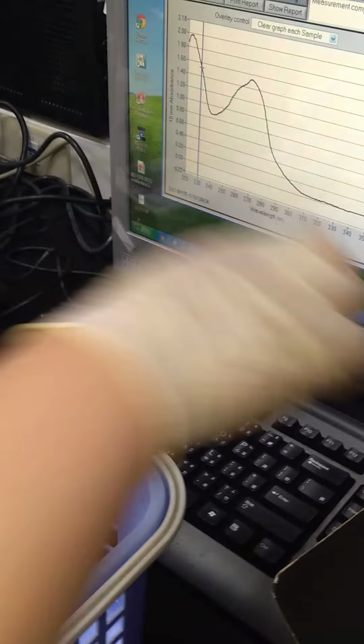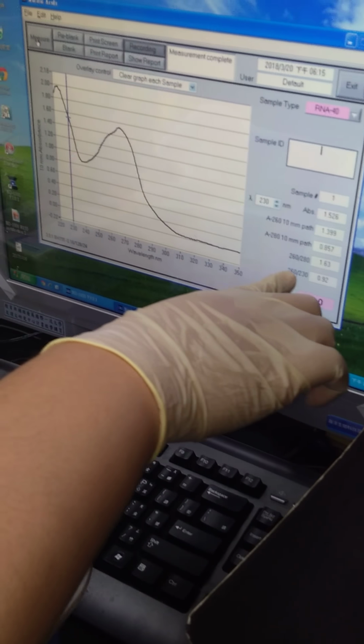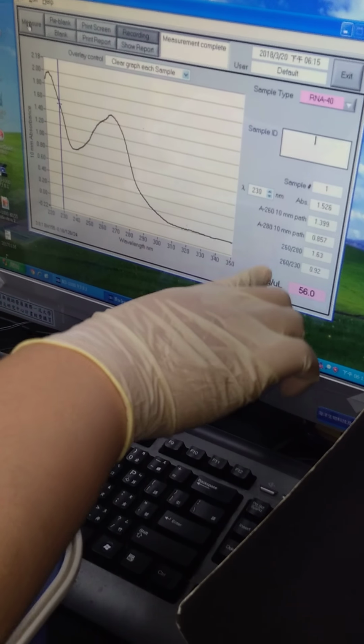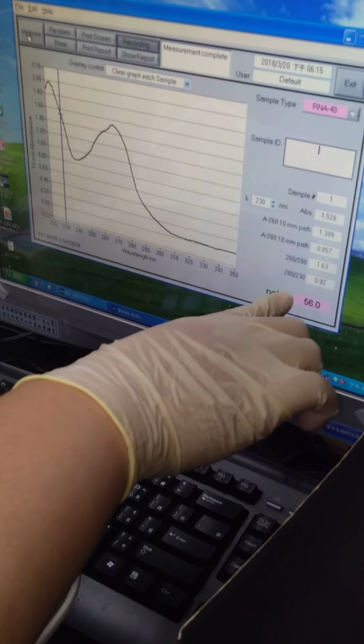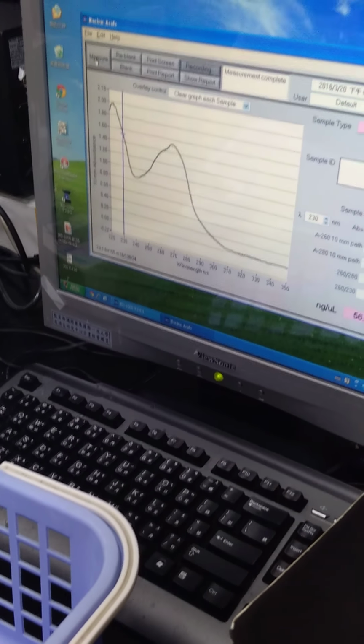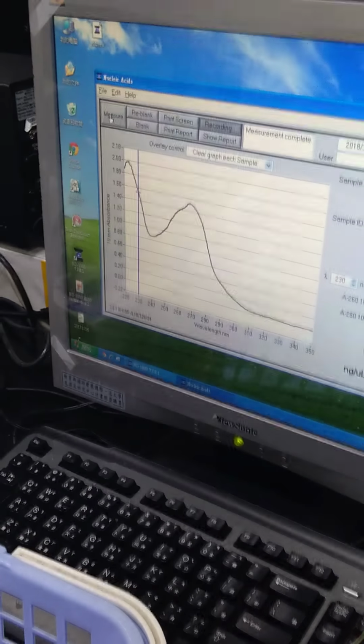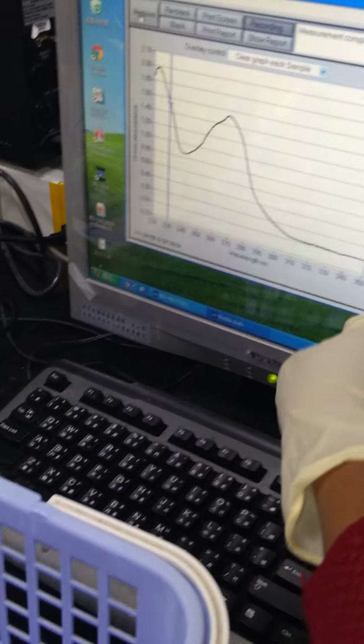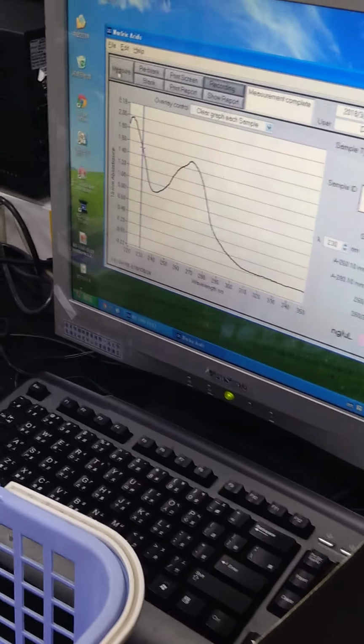So from the ratios between the 280 and 260, and the 260 and 230, you can see if there is any contaminant from protein or organic salt. So if this is more than 1, that means there is contamination.